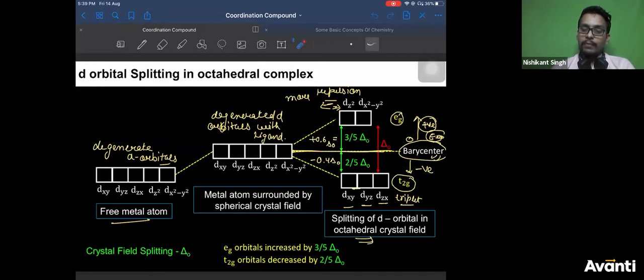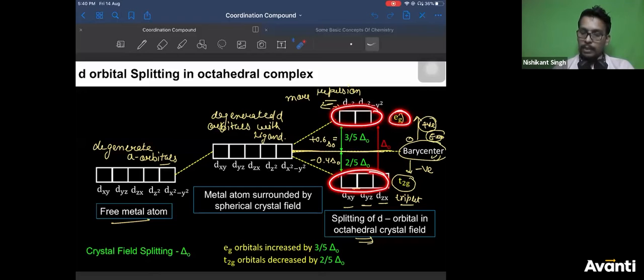Then we said, what is the energy difference? This zero energy center is known as the barycenter. The energy difference between T2G and EG is known as delta O, the crystal field splitting. And if this is zero energy, from zero, if you fill an electron in EG, the energy of the system increases. These two orbitals are given the name EG set of orbitals.